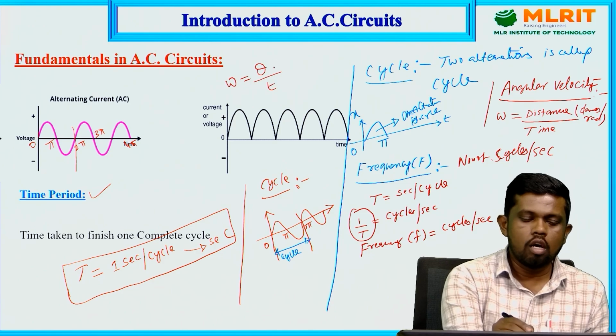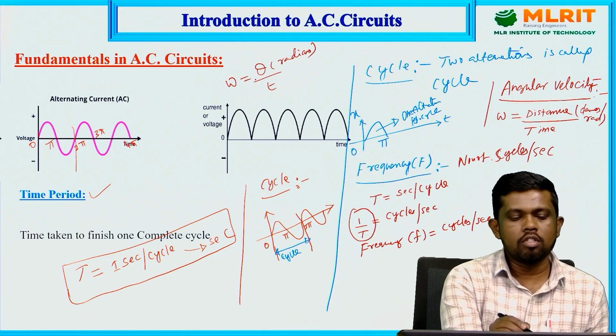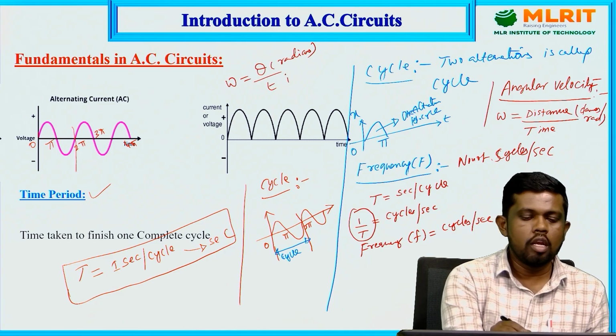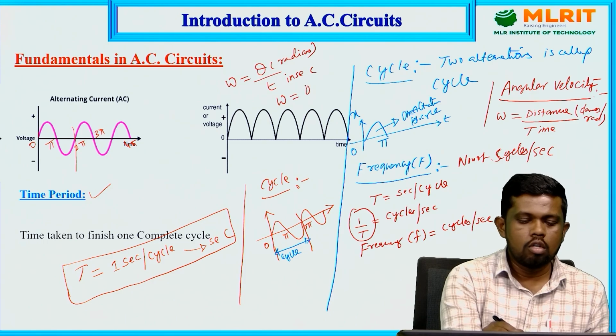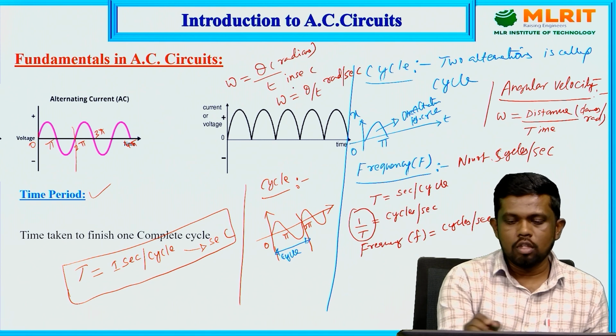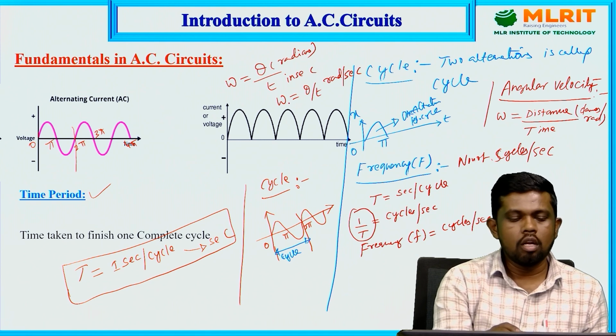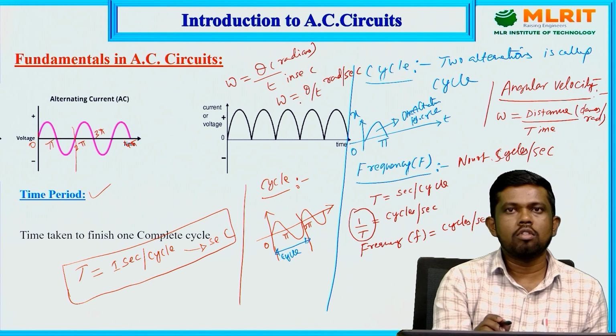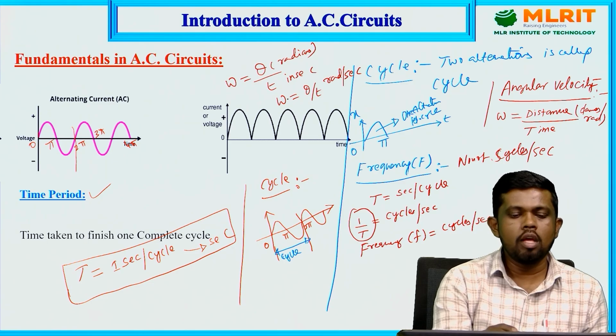The theta we need to consider always in terms of radians only, and the time in terms of seconds. Therefore omega equals theta upon t, that is radians per second. It is the rate at which an object rotates, simply called angular velocity, in radians per second.